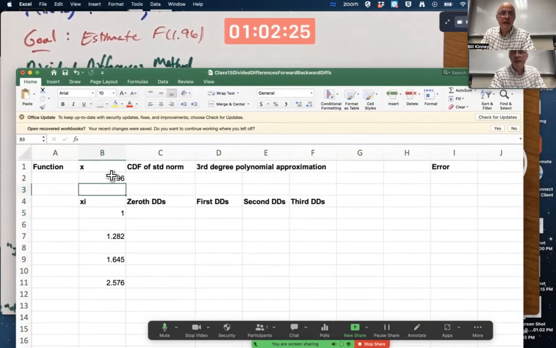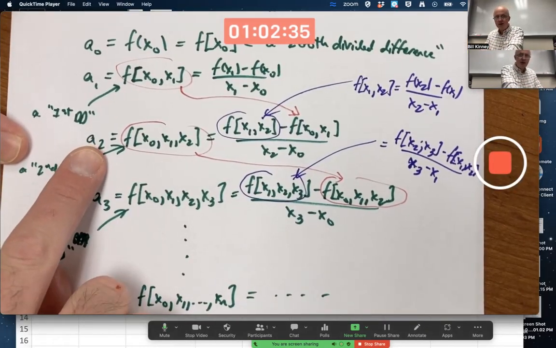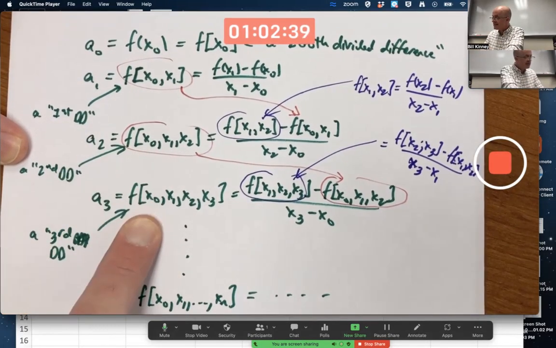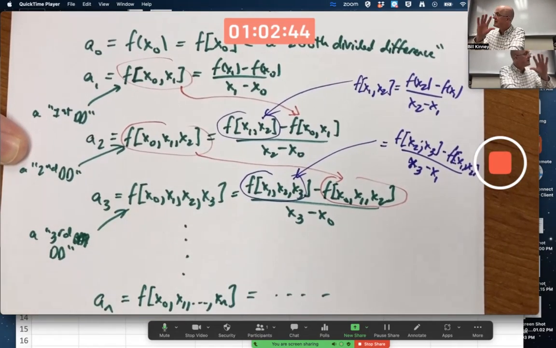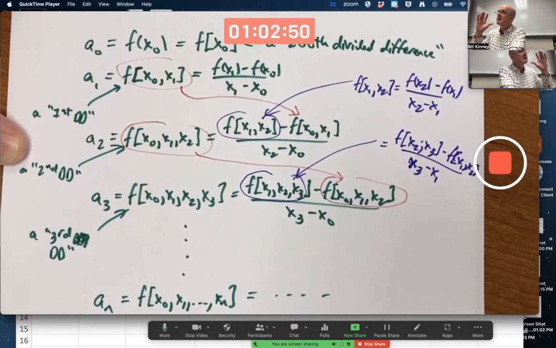So, ultimately we are going to plug in X into that formula. 1.96 is going to go into the formula. And moreover, since the formulas for these A's ultimately are divided differences where the first thing in the first spot is X0, these coefficients are only going to be in certain spots in the table. But we need to construct the entire table to calculate the correct coefficients.